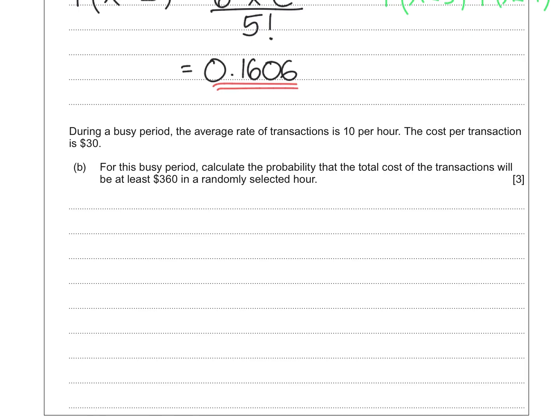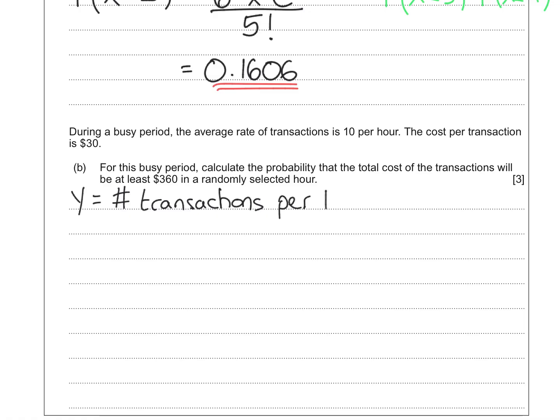During a busy period, the average rate is 10 transactions per hour. The cost per transaction is £30. Okay, so we're saying then that if y is the number of transactions per hour, we're saying that y is Poisson with an expectation of 10, or a parameter of 10.